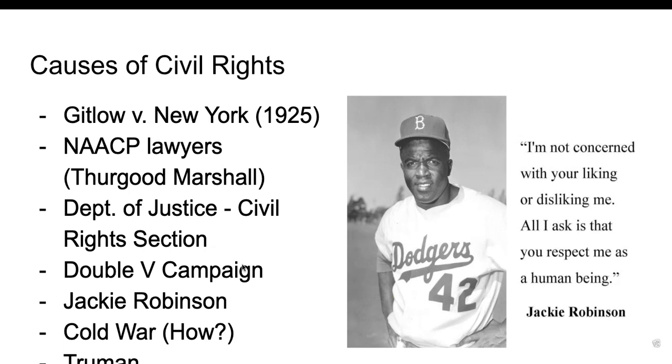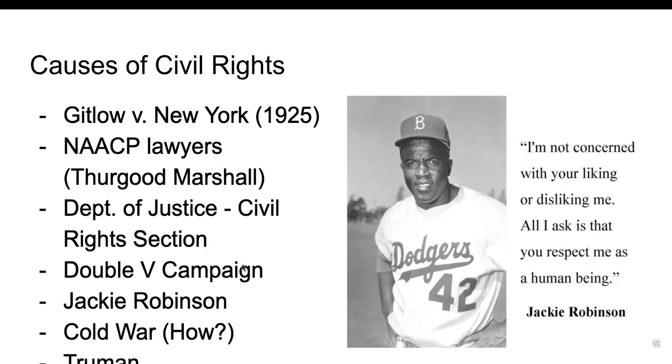And this is an effort that will then be taken up by NAACP lawyers like Thurgood Marshall and the Department of Justice's Civil Rights Section, and they will start pushing for civil rights legislation and civil rights cases in the 1930s and 40s, and they're really going to get the ball rolling. They're going to have several minor successes in the 1930s and 40s, which will lead to the huge success in 1954 with Brown versus the Board of Education.